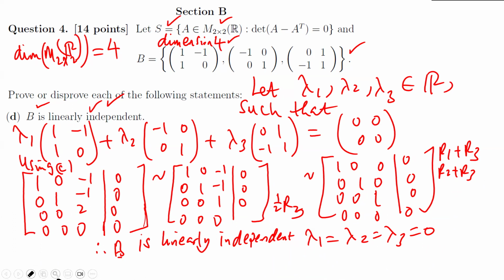Why do we say it's linearly independent? Because the linear independence follows from the fact that this relation is trivial. It's called trivial.